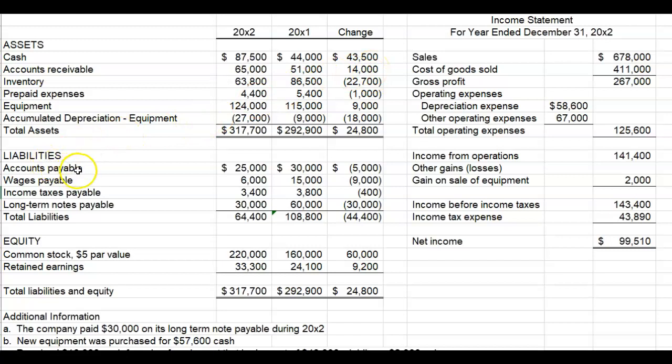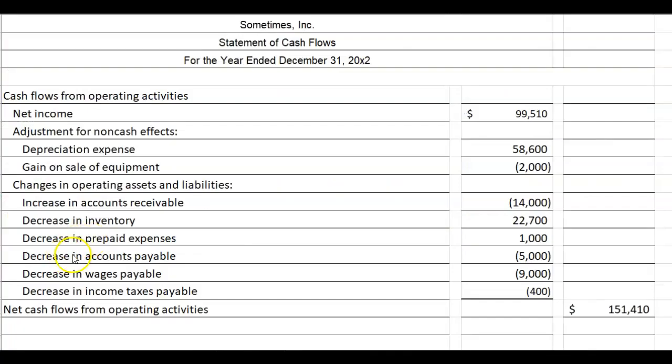But in the current liability section, there is a direct effect on net income. If a current liability decreased, then subtract it from net income. If a current liability increased, then add it back to net income. All of our current liabilities decreased. So we're going to subtract $5,000, $9,000, and $400 from net income in arriving at cash flows from operating activities.